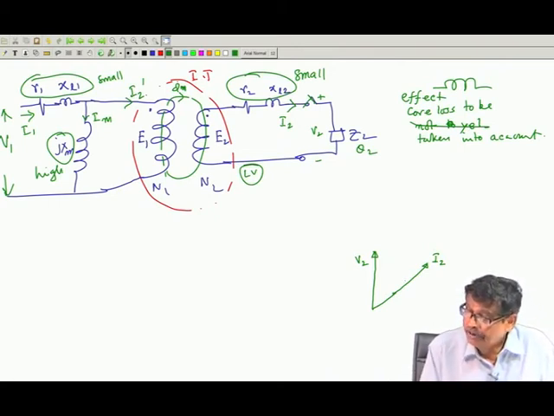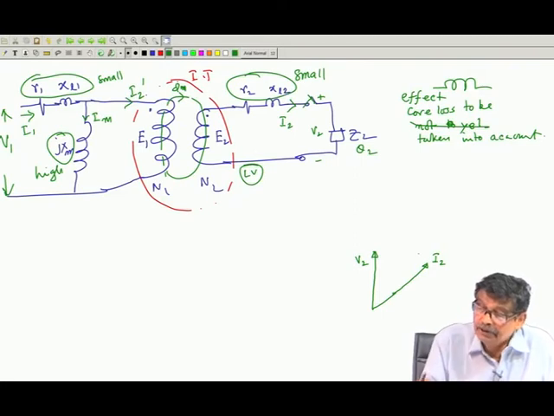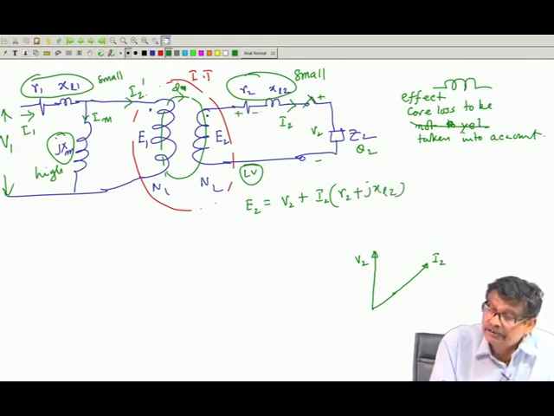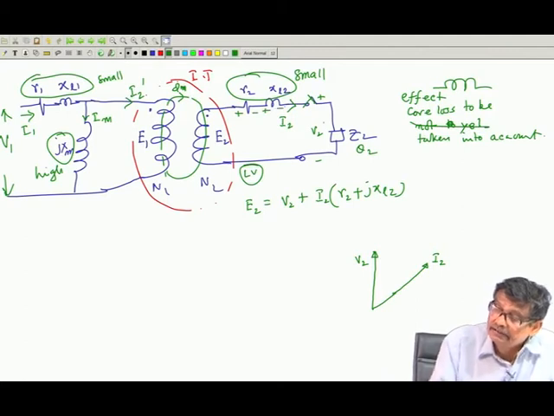So, V 2 is there, but V 2 and E 2 are not the same. In between comes a small impedance. So, what will be E 2? E 2 will be equal to V 2 plus I 2 into R 2 plus J X L 2, is it not? The drops here are like this, plus minus.